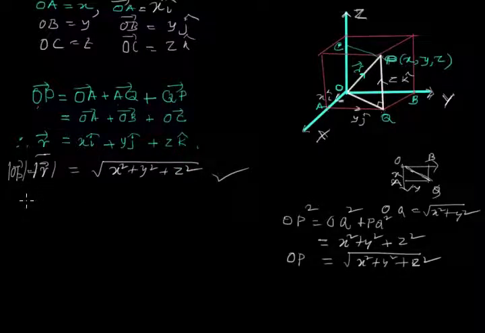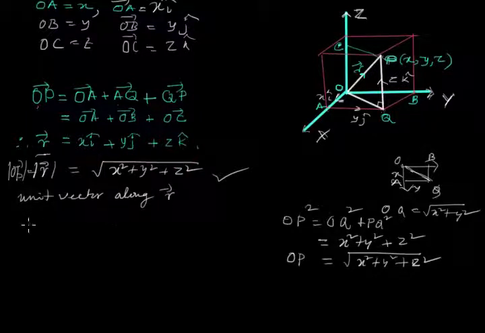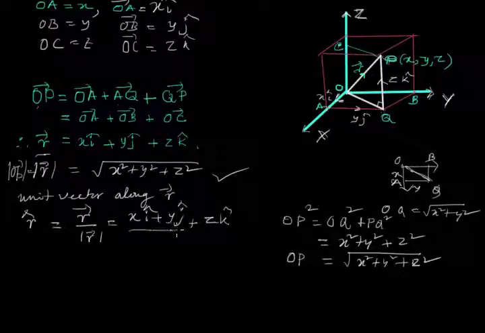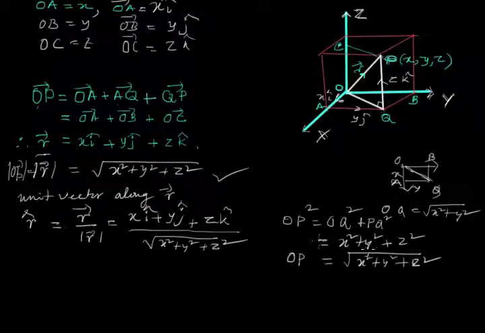Now, if you define a unit vector along R, R cap is equal to vector R by magnitude of R. Vector R is x i, y j, z k, and the magnitude of R is root over x square, y square, z square.